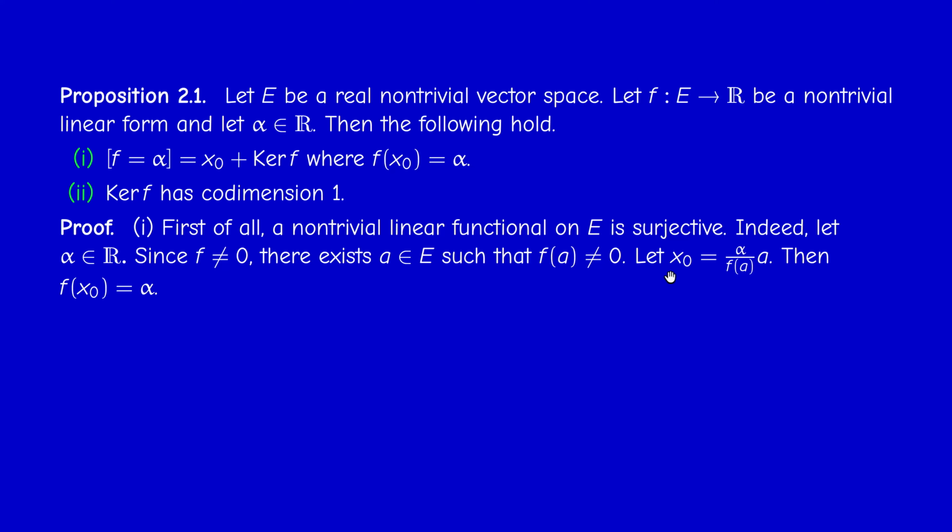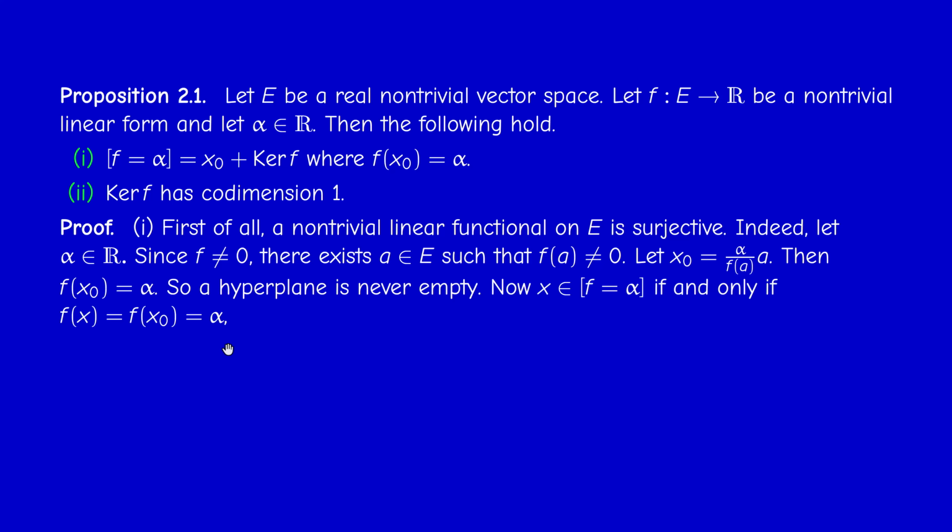Then if you apply f to both sides, you get f of x0 equal alpha over f of a times f of a. So f of a over f of a cancels, and we get alpha, by linearity, since we can put the alpha outside. So the hyperplane is never empty.